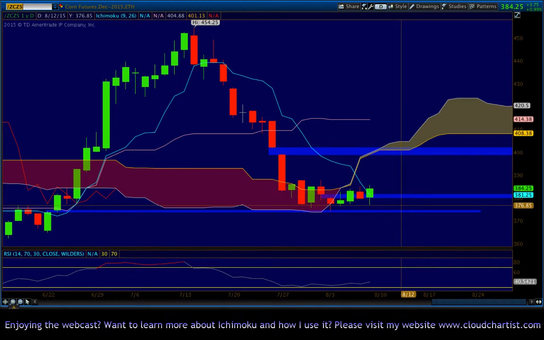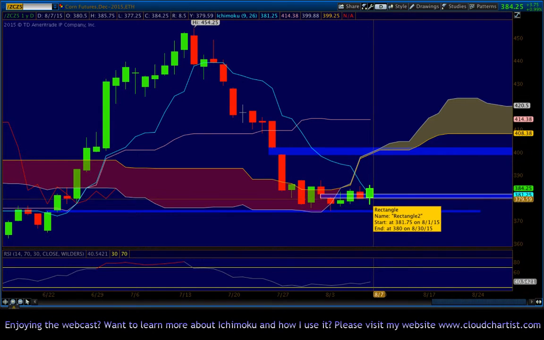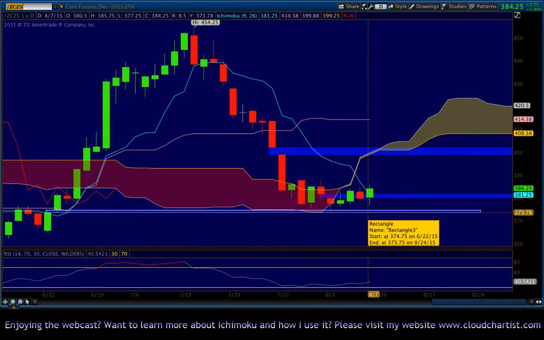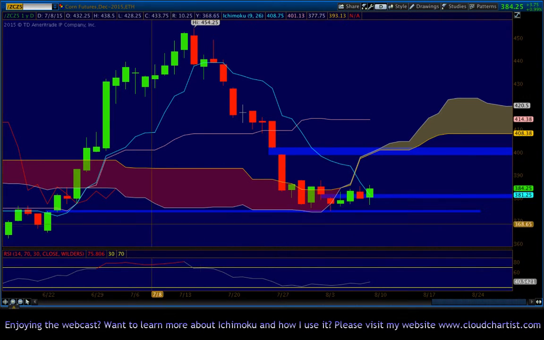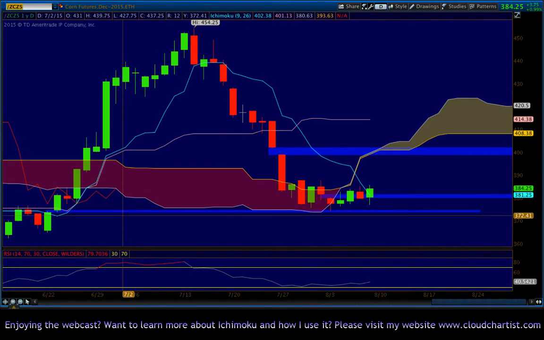If we trade below that 381.25 level, we can look for potential support back at this other gap window at 374.75. Should we go down that far, we will see the Chikou also be testing that level.